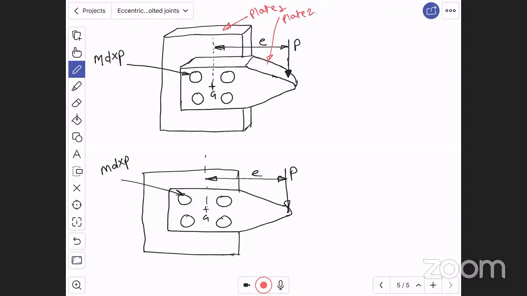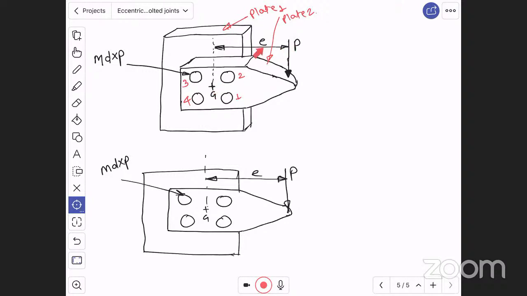Here the bolts are used. These are the bolts. Let us say bolt 1, bolt 2, bolt 3 and bolt 4. Let us say here 4 bolts are used, right? And after connection of plate 1 and plate 2 with the help of 4 bolts, the force P is applied like this.